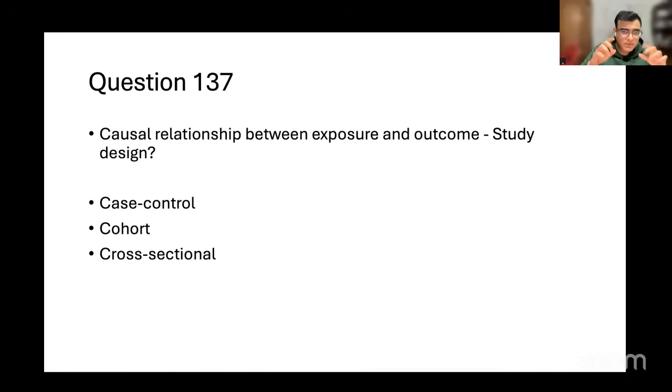If RCT is not there, then cohort can give you ideas about exposure and outcome, but case control and cross sections don't. So if RCT was not in the options, cohort becomes the correct answer. If RCT is there, then RCT is the best answer.